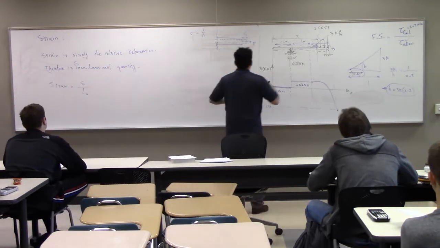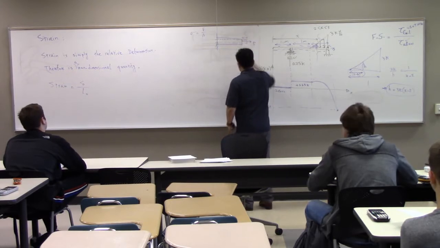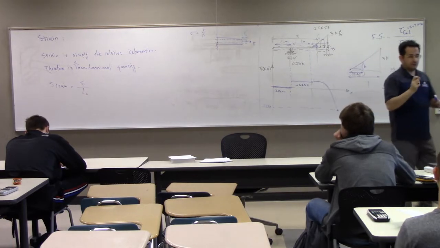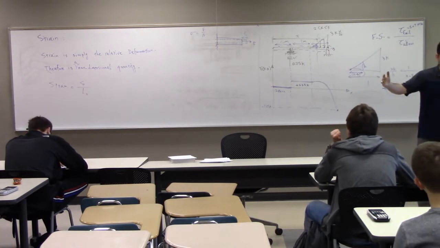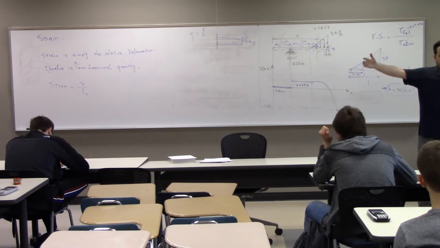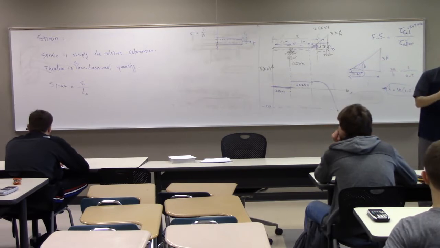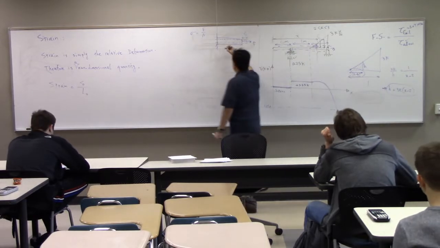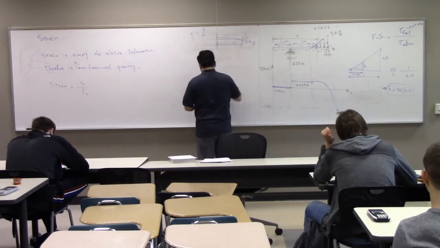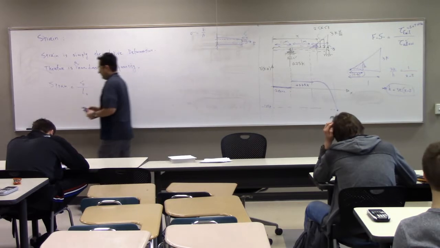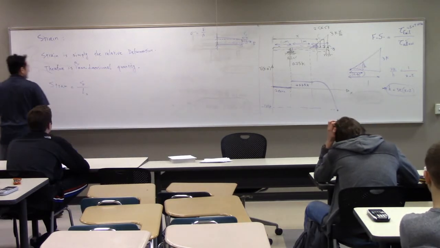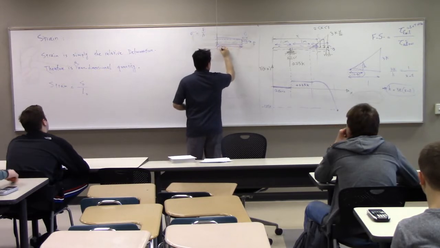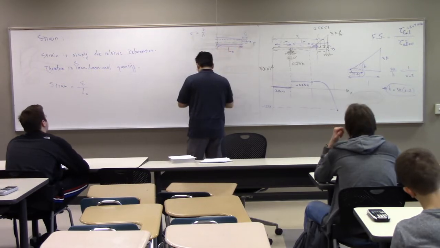So, in fact, this is the actual deformation that you compute, not the total length. If you get total length, let's say total length minus L0, the initial length, that's the actual deformation divided by L0. What's L0? L0 is from here to here.